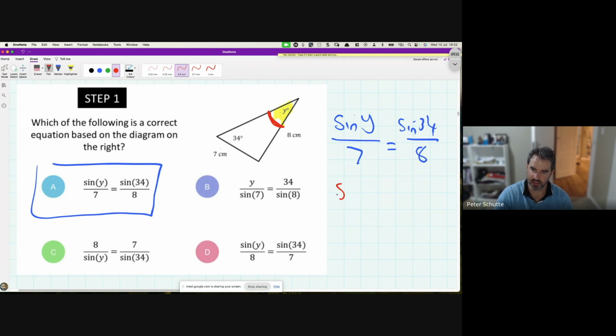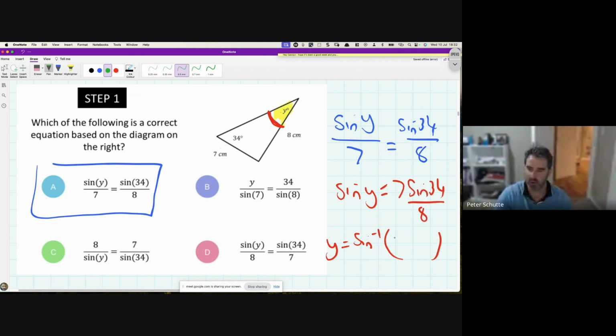So we move the 7 to the other side, and we're going to get 7 sine 34 over 8. And then to get y, we're going to go inverse sine of whatever was in here.